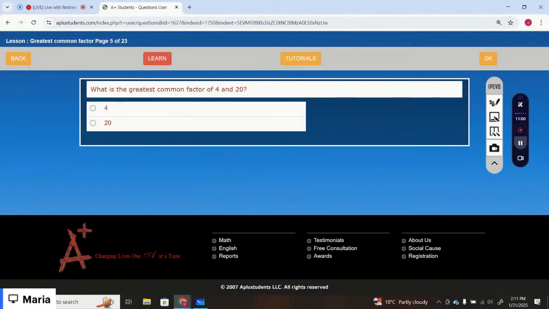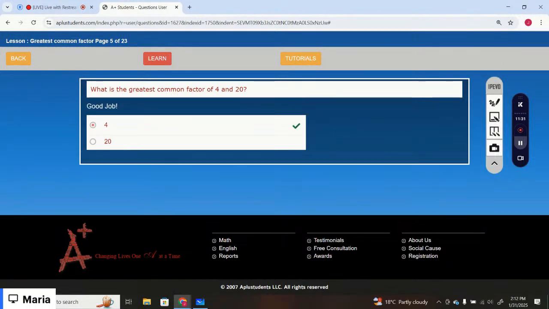What is the greatest common factor of 4 and 20? So, which is the correct option? That is 4. The greatest common factor of 4 and 20 is 4. Option number 1 is the correct option.